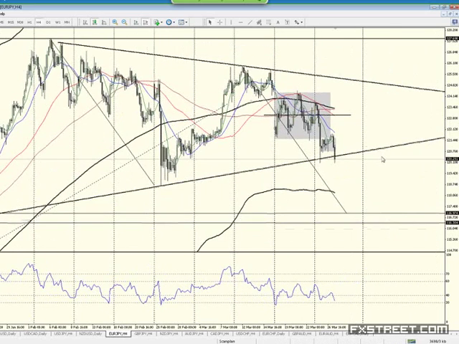I talked about this on FX Times earlier this week: the triangle versus this ABC correction scenario. For me, the triangle scenario is not one that I could actually trade within the triangle.